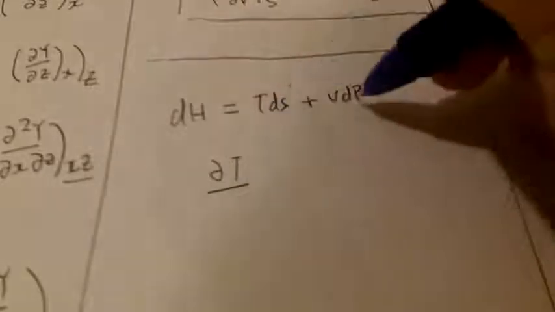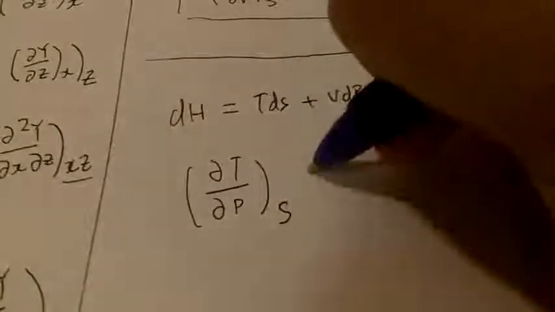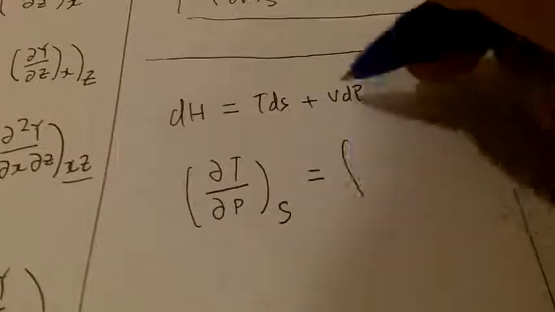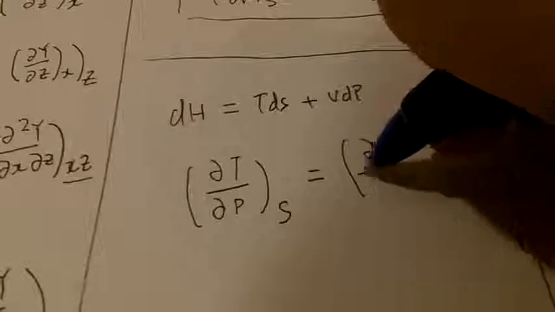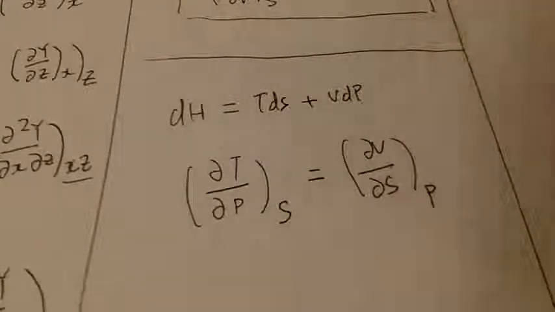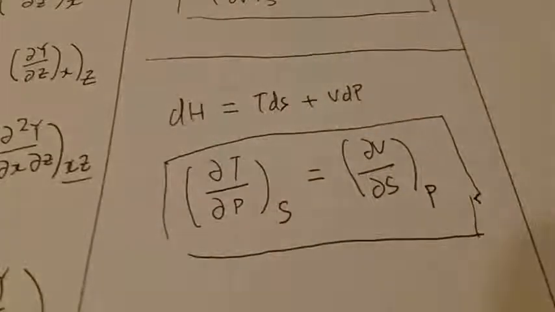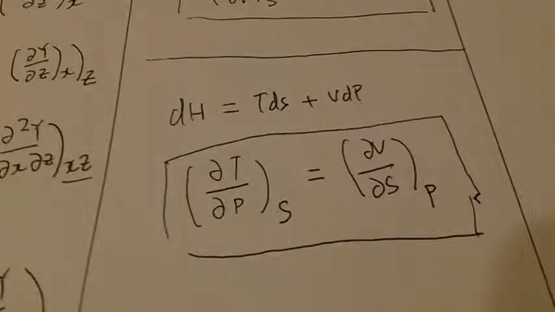Del T del P, keeping S constant, equals del V del S, holding P constant. This is our second thermodynamic relation, Maxwell relation.